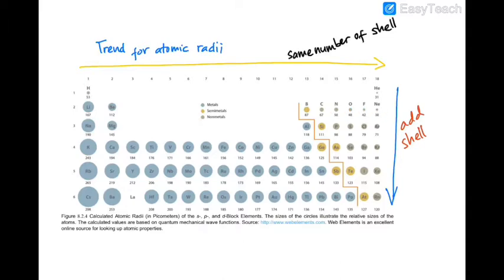Across the period, they have the same number of shells, but you have more protons in the nucleus as you go across the groups. And due to the presence of more protons, the electrons will be attracted more towards the core, and therefore the size or the radius will become smaller across the period.